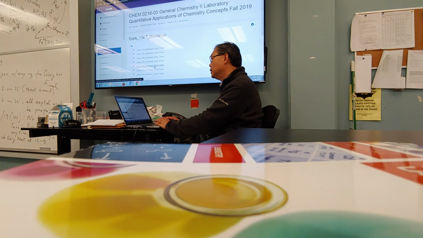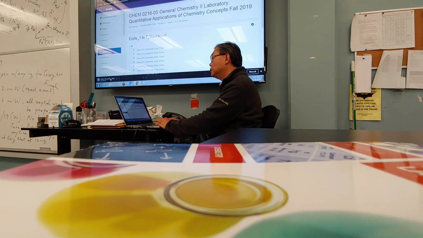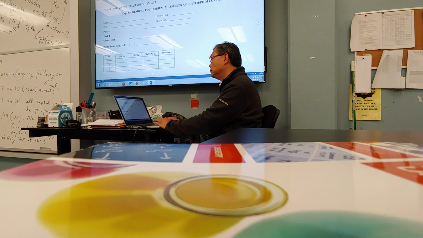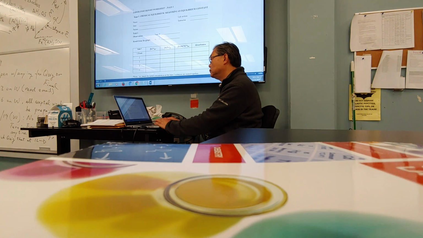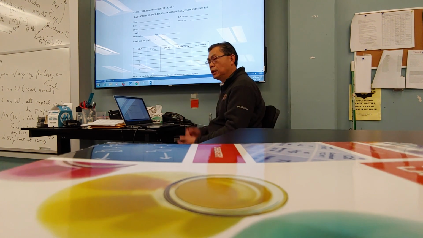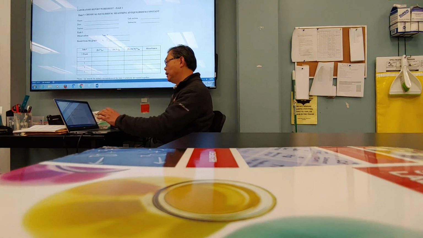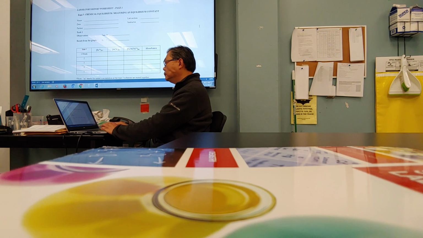Number 5. So that will be a blank worksheet. So this is your empty or blank worksheet. So again, I would say get to a computer. You work on this one while you have a cheat sheet.